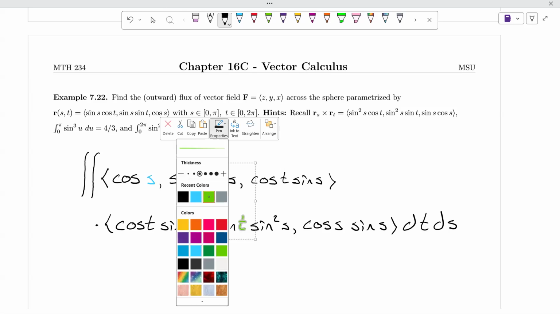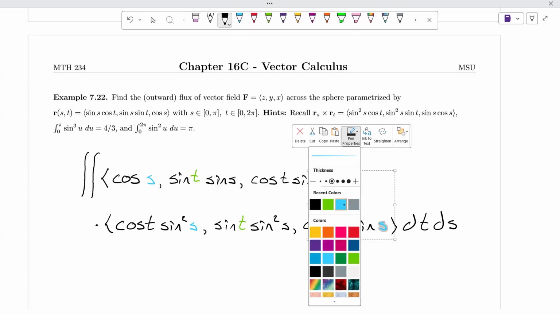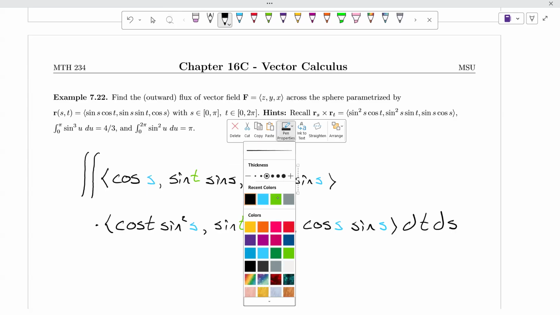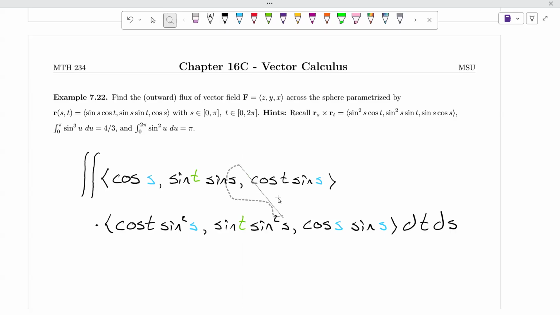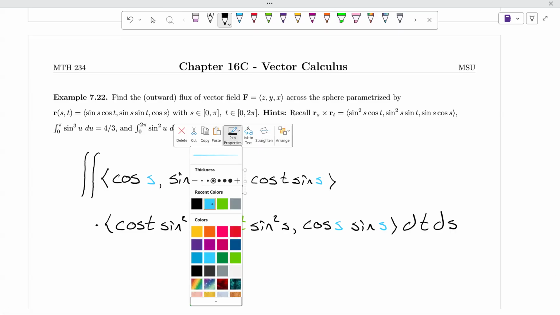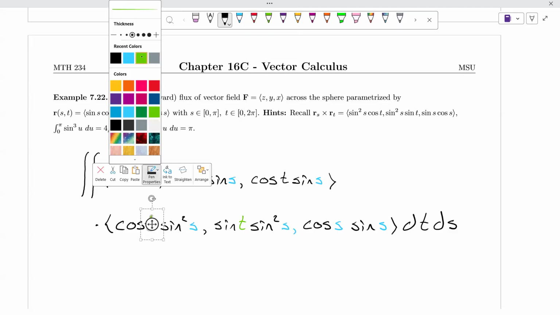These guys are green. These guys are blue. That guy should have been green. Hopefully I got them both. Nope, I only got one of them. Blue and green.